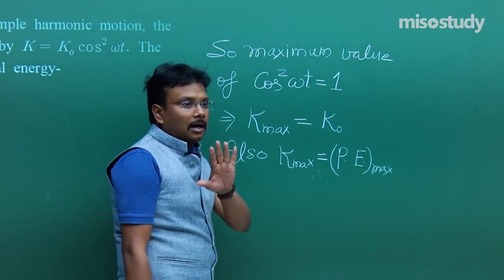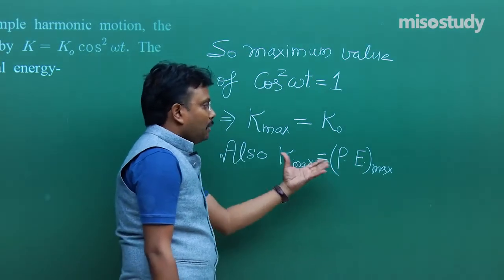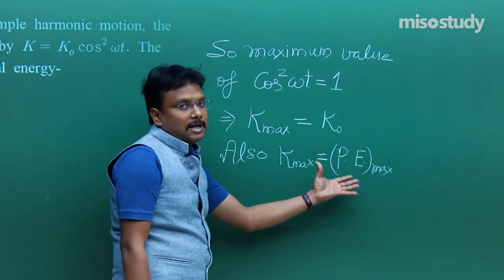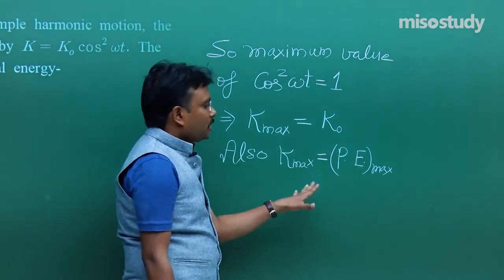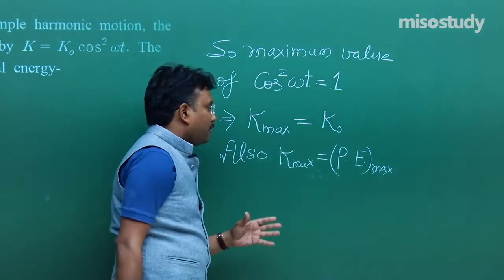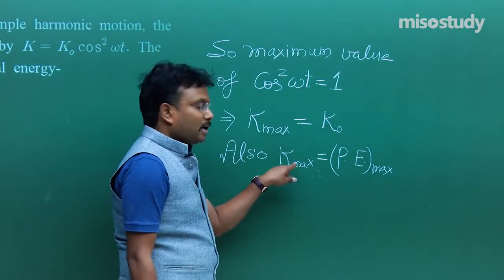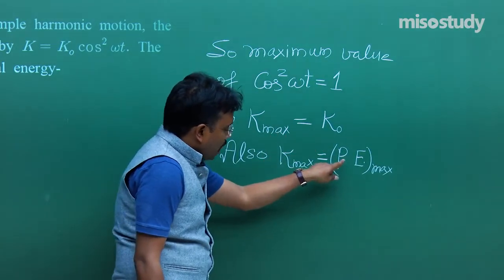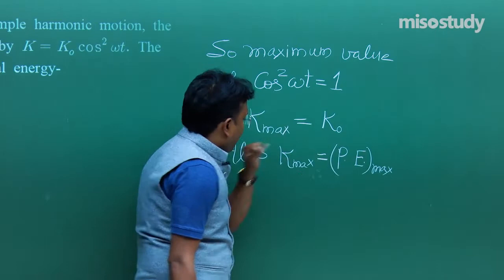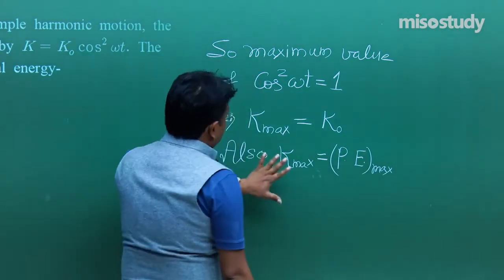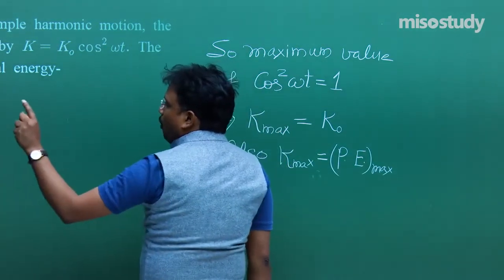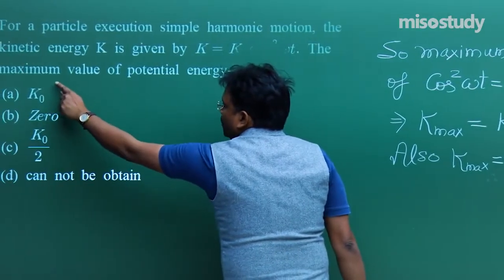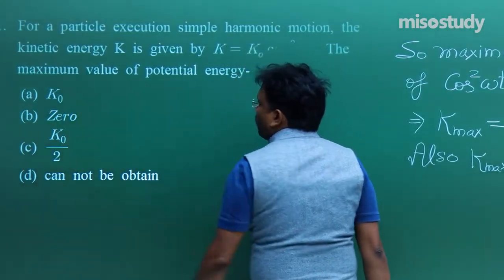Fine. But for all of you, I would like to explain one or two extra steps over here. But regular students, those who are regularly watching our videos, will simply understand, okay, this is the reason why kinetic energy maximum is also equal to potential energy maximum. So at least from this explanation, we can say the first option, that is option number 1, is the correct option.